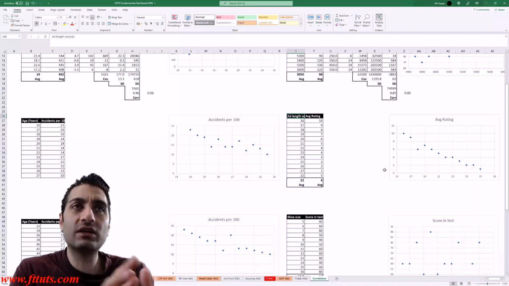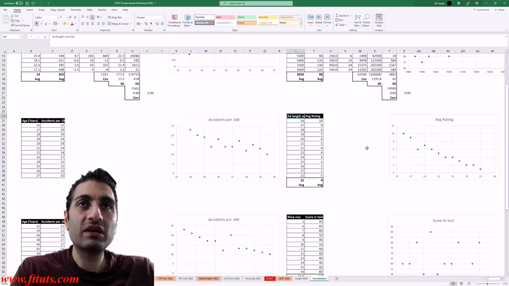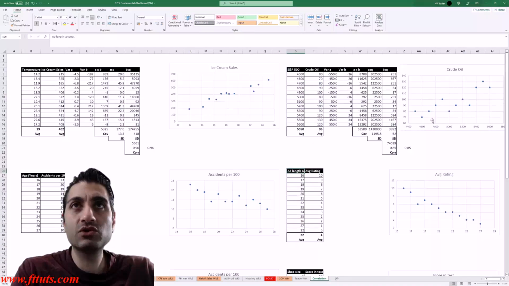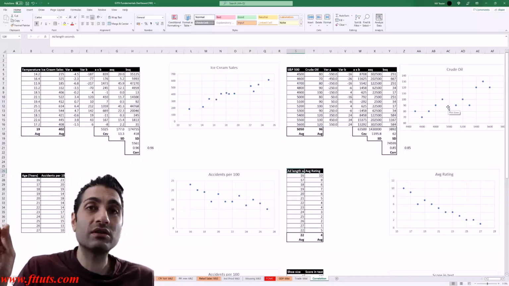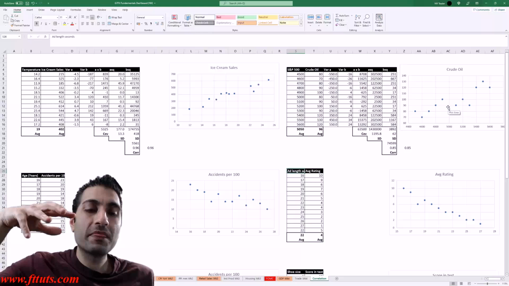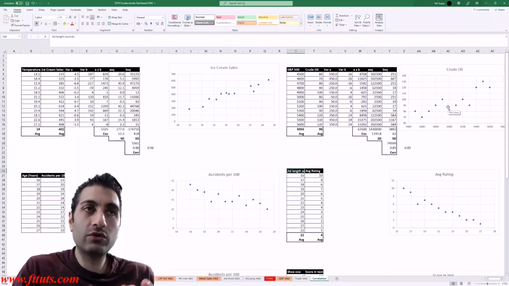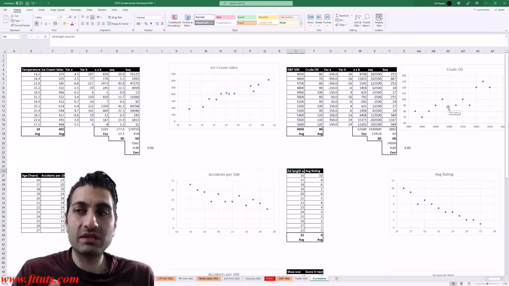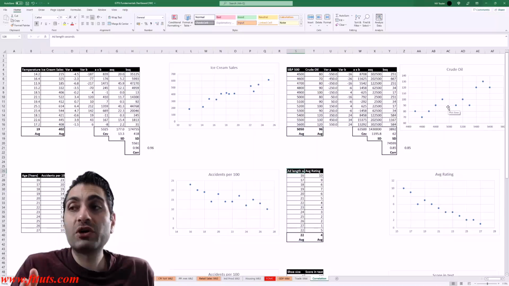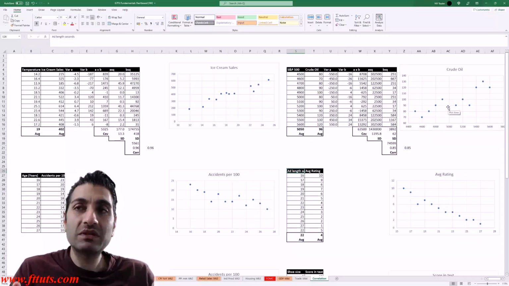Obviously, this is advertising, but we can apply this to markets as well, because sometimes you'll see the relationship between crude oil and the S&P isn't positive. In this example, crude oil goes up, S&P goes up, they go up together. What if crude oil goes down when the S&P goes up?